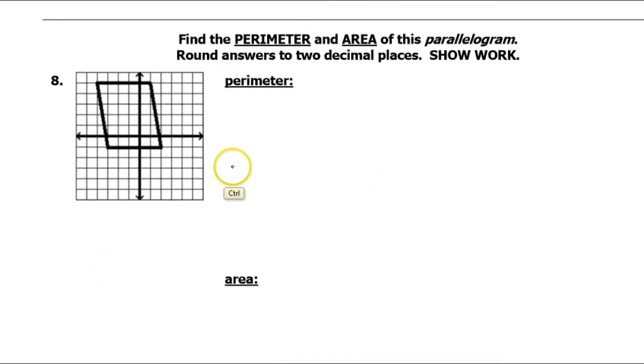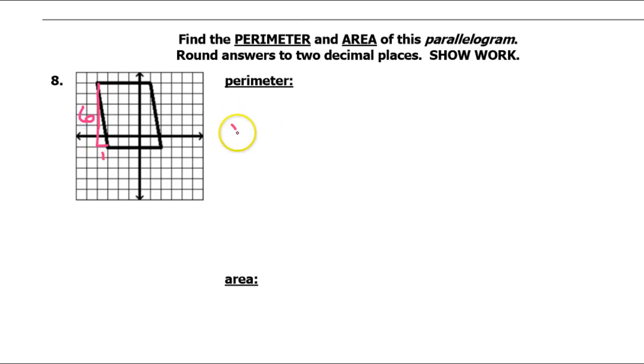Okay, how about number 8? This is another parallelogram. So the opposite sides will be congruent. Let's go ahead and find the length of this side. Horizontally this is 1. Vertically this is 6.